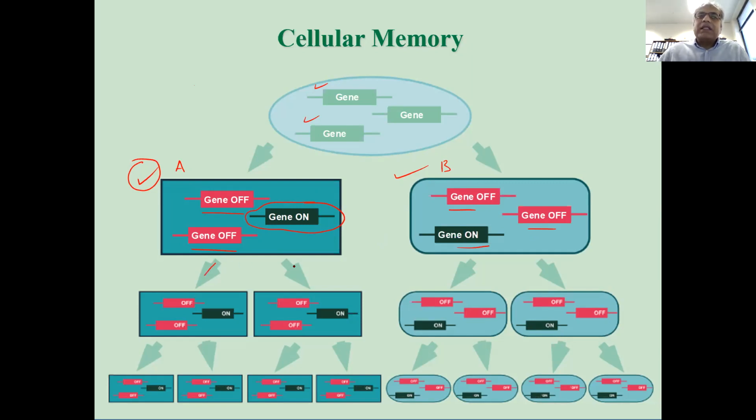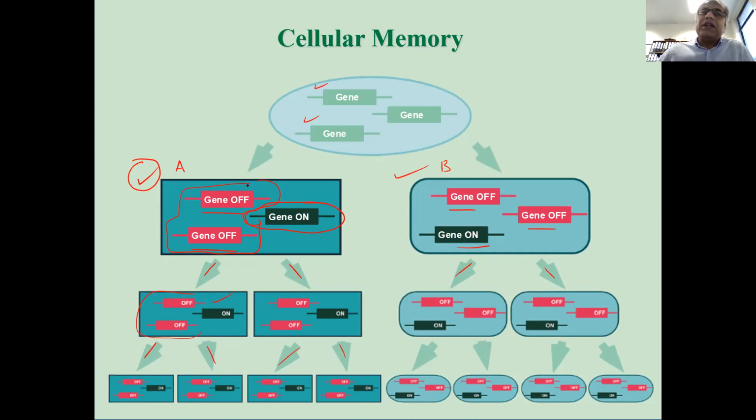After mitosis, the gene expression patterns are maintained. If they were off, they have to be maintained in the off state because they are not required for this cell fate. And the one which is to be on should be inherited through cell division in the on state in all future daughter cells, generation after generation. And the same is the case for this one.